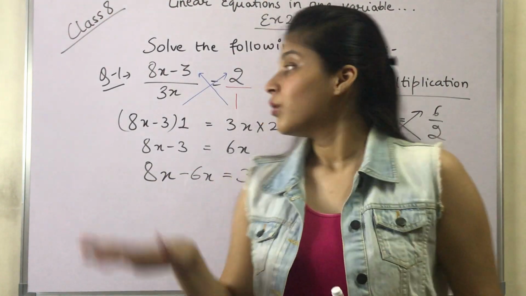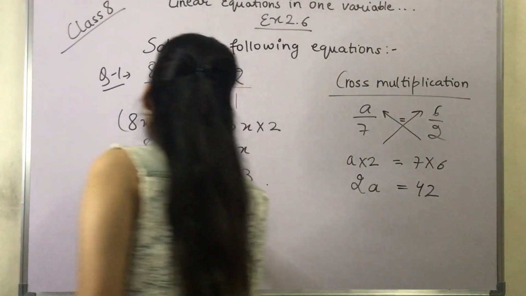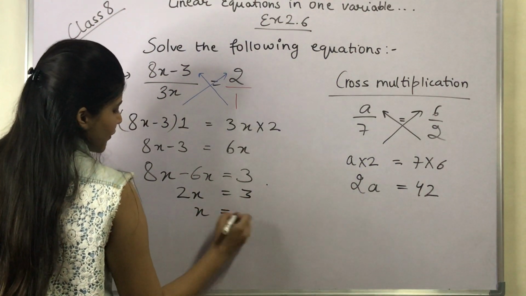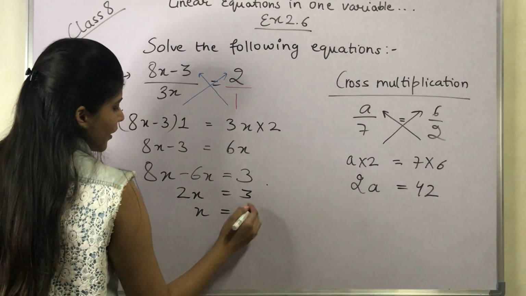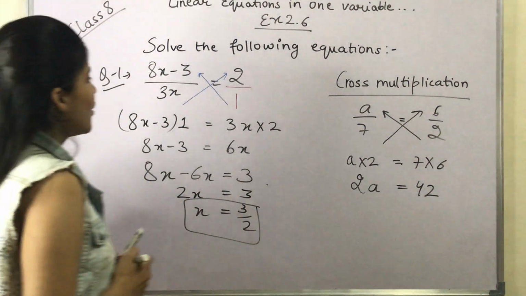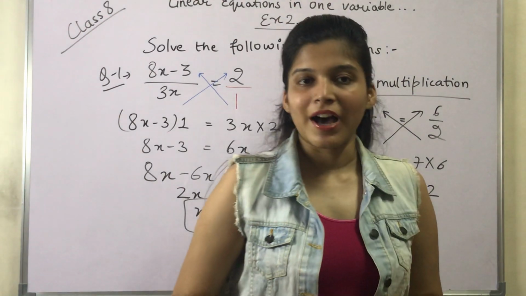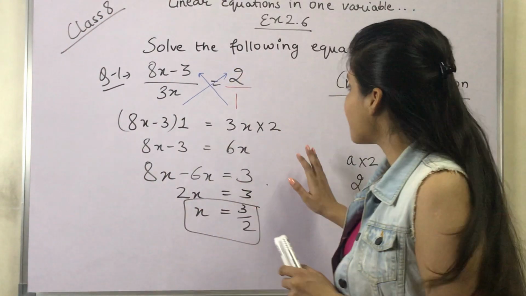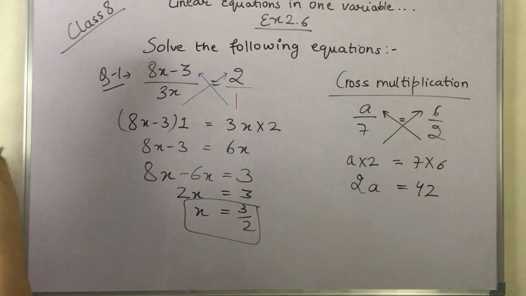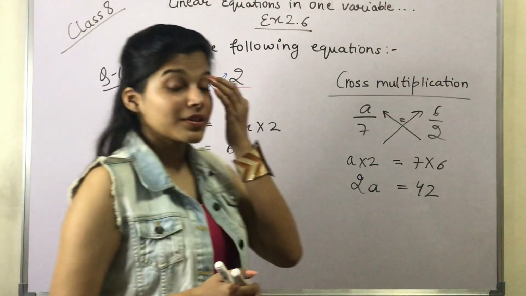Now 8x minus 6x is 2x equals 3. So the value of x comes out to be 3 upon 2. So this was our question number 1, in which we used cross multiplication and solved this equation.